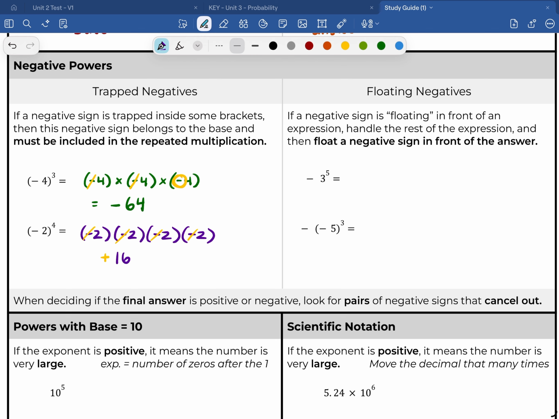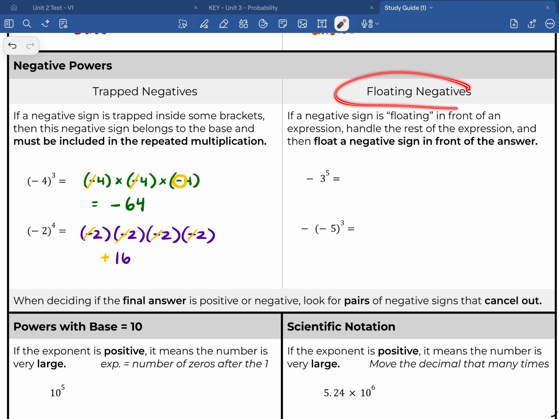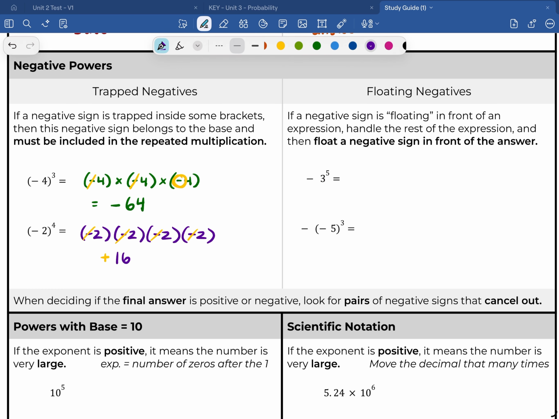Yay, 16. Okay, when we have a floating negative, how I would usually approach this is to look at the negative in the front, take all the stuff that's after that floating negative and figure out what that would be. And then we just slap a negative in front of whatever our answer is. So in this case, we're going to take this 3 to the power of 5, which is going to be 3 times 3 times 3 times 3 times 3.